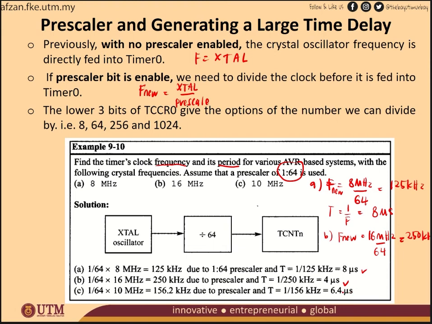Next is 10 megahertz. So 1 divided by 64 multiplied by 10 megahertz. For C it's the same. F equals 10 divided by 64, so you get 156.25 kilohertz, and then from here you get T equals 1 over F, which is 6.4 microseconds.